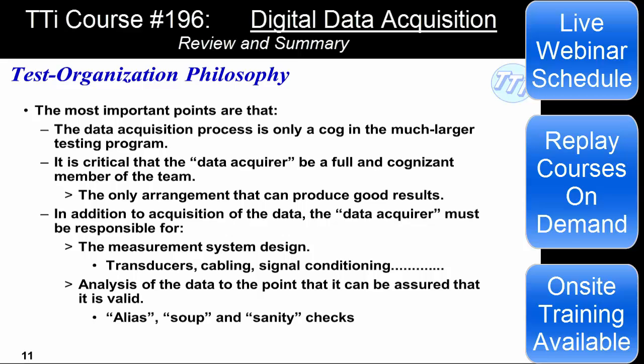And so the acquirer is going to be responsible for selecting the transducers, cabling, signal conditioning, and then analysis of the data to the point that it can be assured that it's valid. And you need to assure that the data is adequately alias protected, that it's out of the soup, and that the data actually makes some sense.